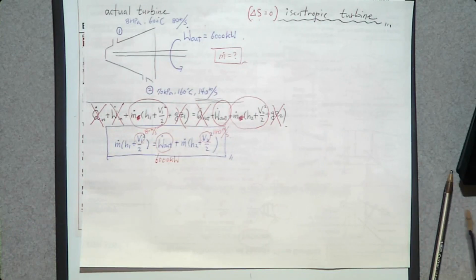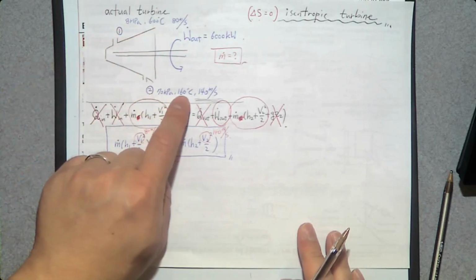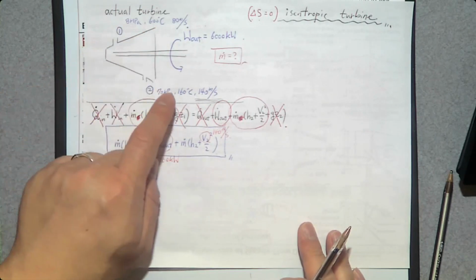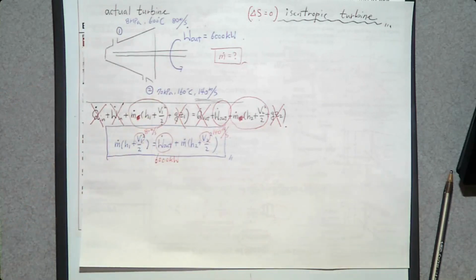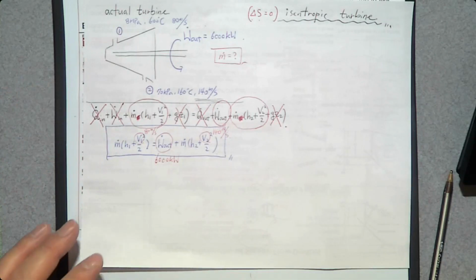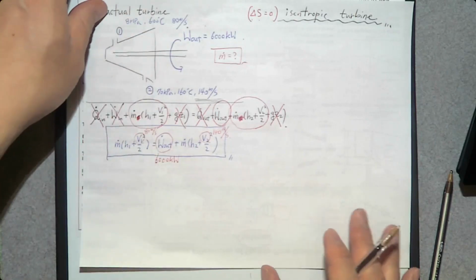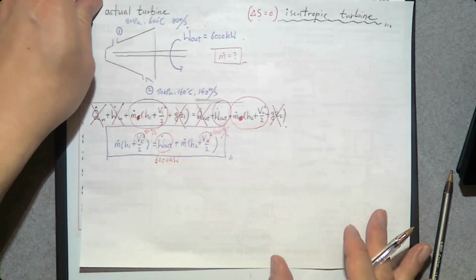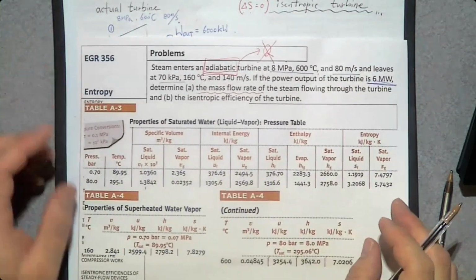So let's do that. We know the pressure and temperature at the inlet and at the exit. Can we find h1? Yes, that's a simple table problem that we did in the first exam, right? So let's do that. We have 8 megapascal, 600 degrees Celsius. The numbers are pretty high, so I guess it's going to be superheat vapor, but let's verify that.